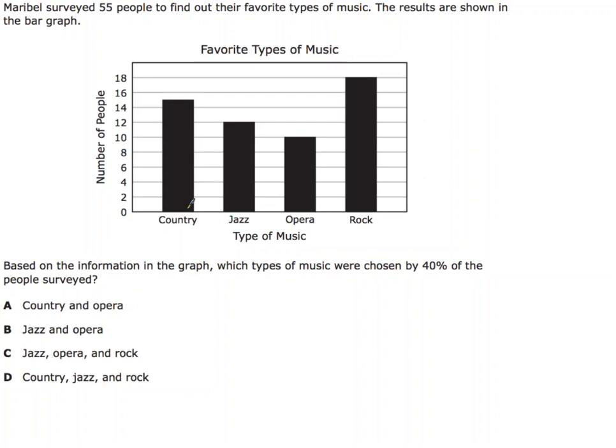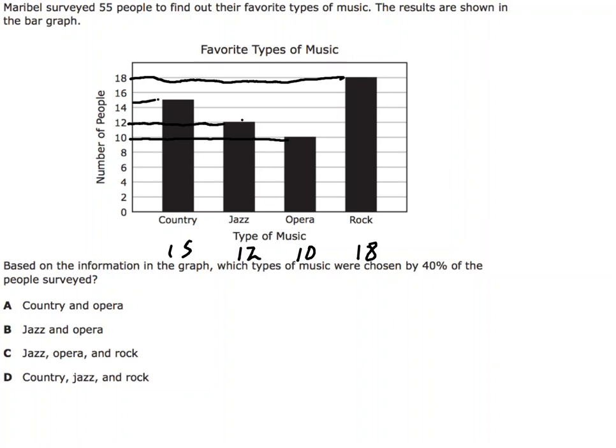Okay, and so the way we read a bar graph is we look at the top, and then we draw a line over, and we see that country music has 15, jazz has 12, opera has 10, rock has 18. All right. Because of the height.